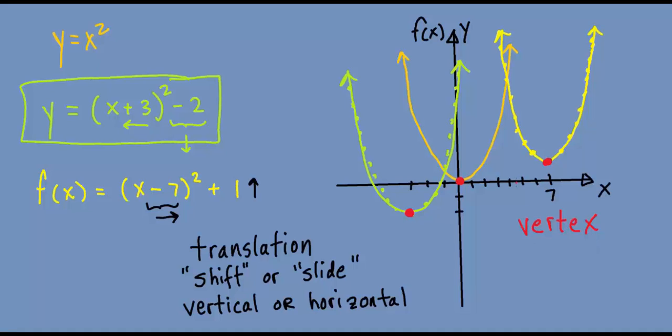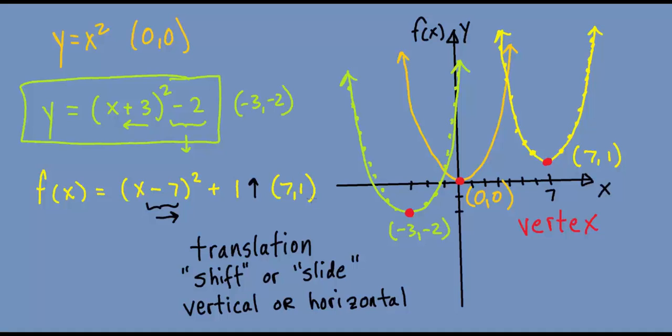The coordinates of the vertex of the orange parabola are 0, 0. That's what that point is, 0, 0. The coordinates of the vertex of the green parabola are negative 3, negative 2. And the coordinates of the vertex of the yellow parabola are 7, 1.